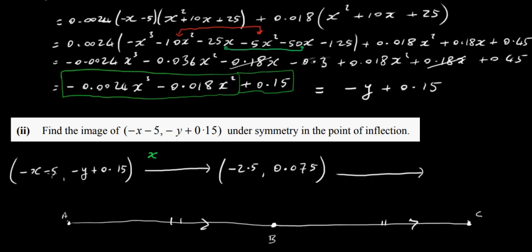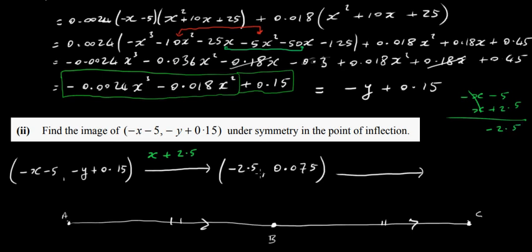How do I go from minus 5 to minus 2.5? Well, I've got to add 2.5. So if I take minus x minus 5 and add x plus 2.5, I would get 0x here, and here I would get minus 2.5, and that's exactly what I want.